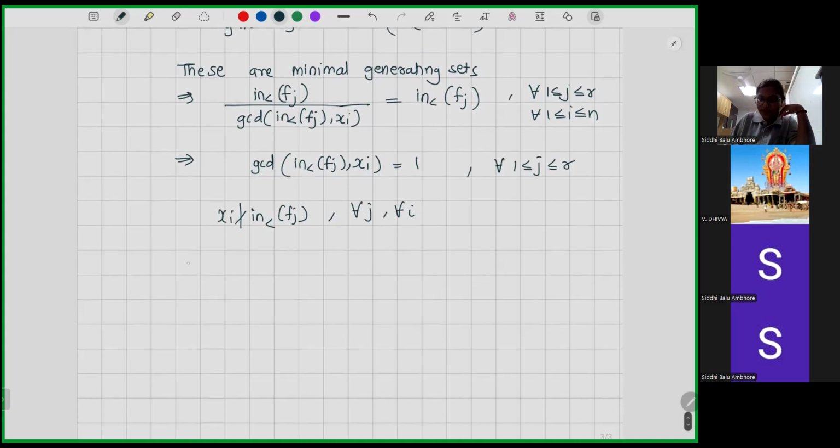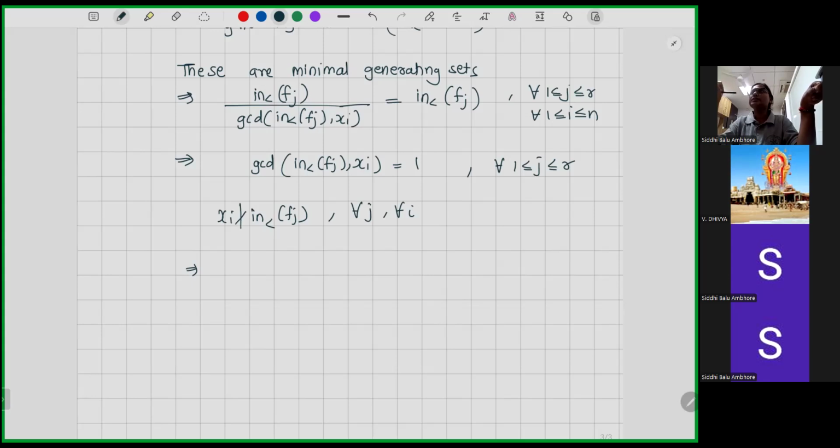So this implies that the initial term of Fj for all j will be some constant k, which is not true because in the monomial orders which we have, one is less than all the other monomials.